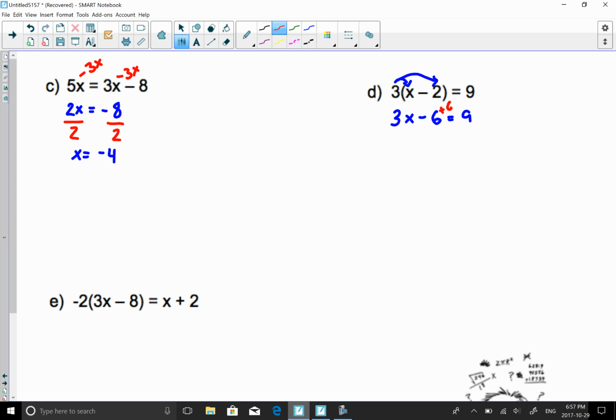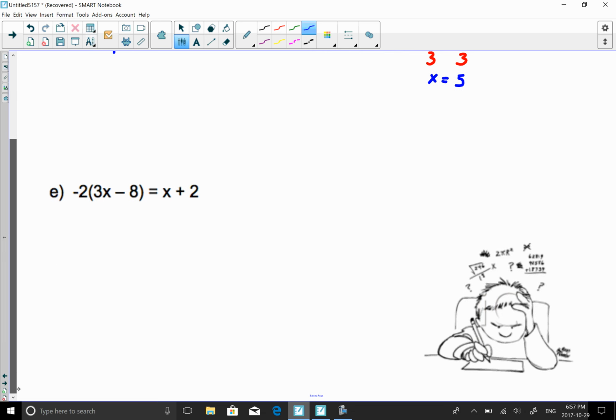So I'm going to add 6 here and add 6 here. 9 plus 6 is 15. That disappeared because remember, it becomes 0. And then lastly, I'm going to divide both sides by 3.